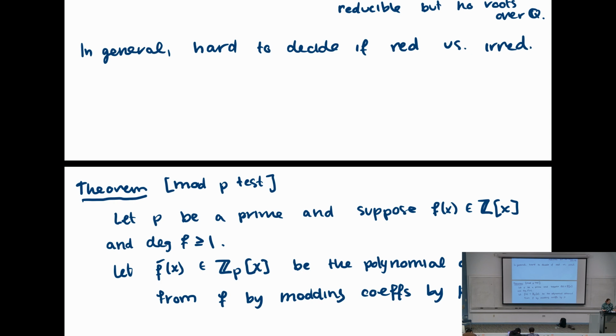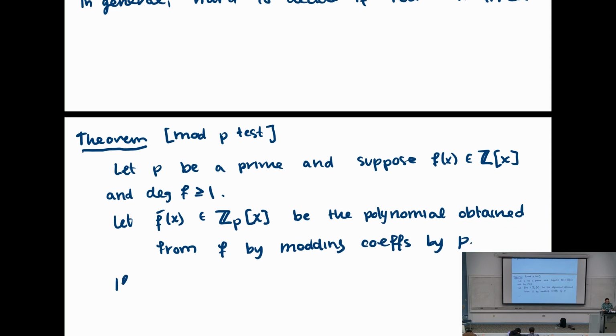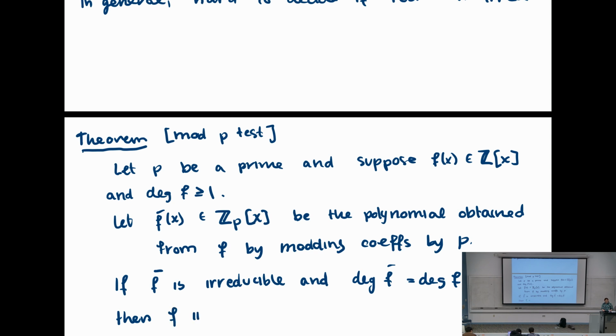Then if f bar is irreducible, and the degree of f bar is equal to the degree of f, then f is irreducible over Q.